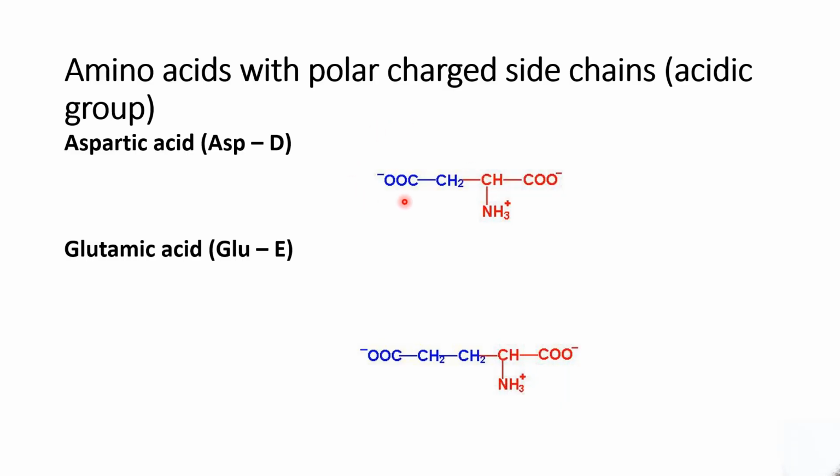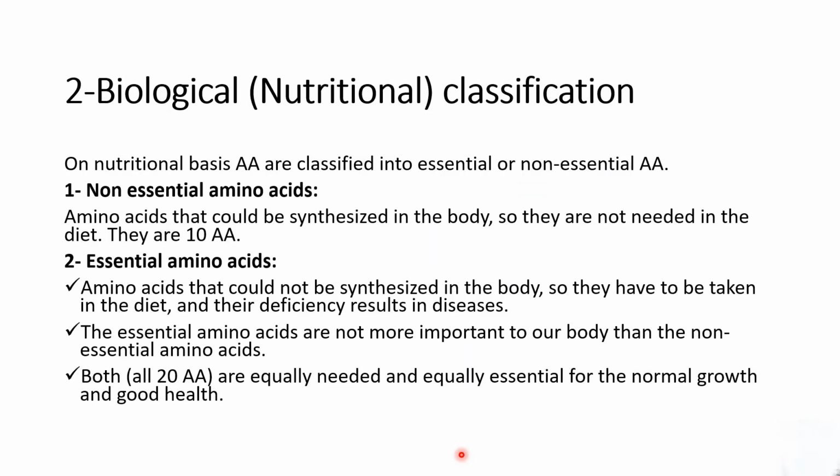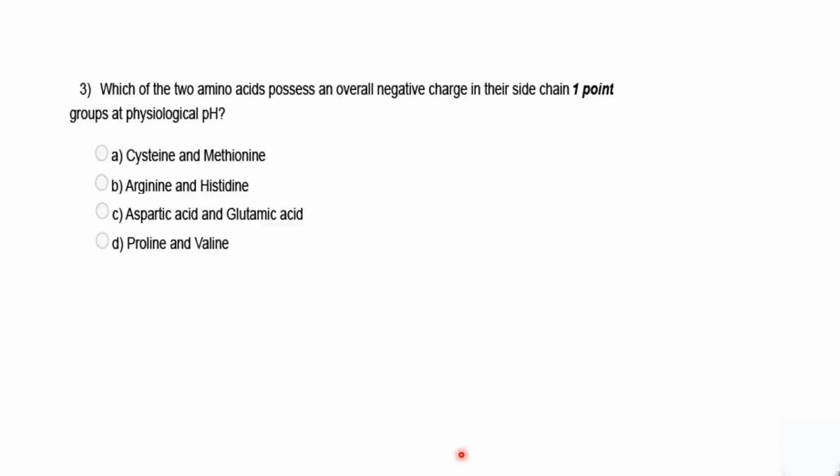But the side chain is a carboxyl group which is negatively charged at physiological pH. So aspartic acid is negatively charged. Similarly, the same thing for glutamic acid. So both these amino acids are negatively charged at physiological pH. So coming back to the question that we started with, the answer will be aspartic acid and glutamic acid.